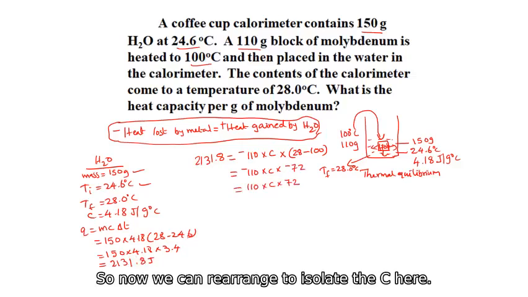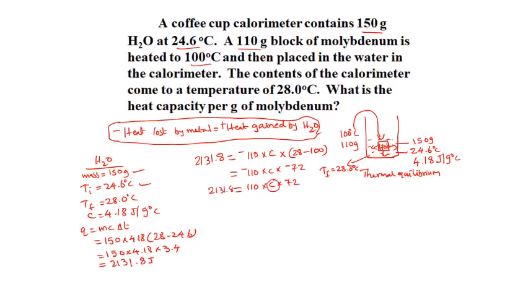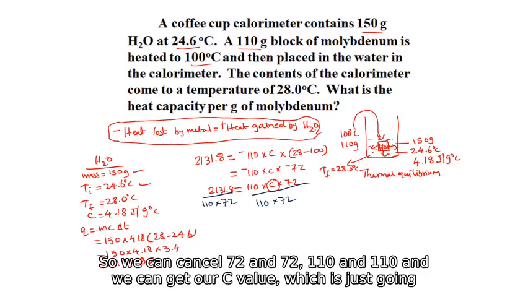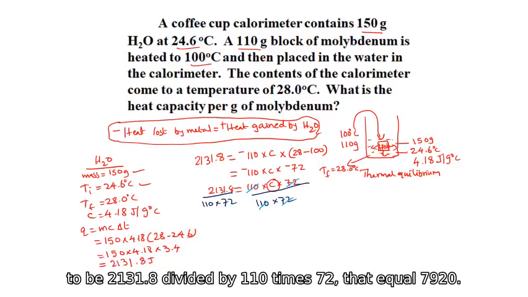Now we can rearrange to isolate c. On both sides, we divide by 110 times 72. We can cancel 72 and 72, 110 and 110, and we get our c value, which is just 2131.8 divided by 110 times 72.